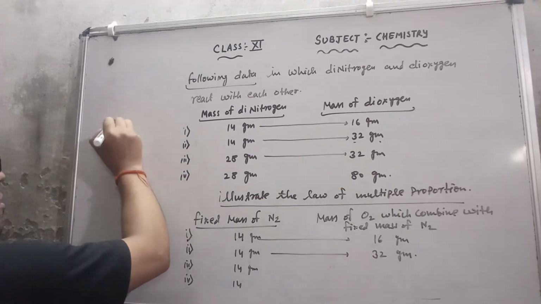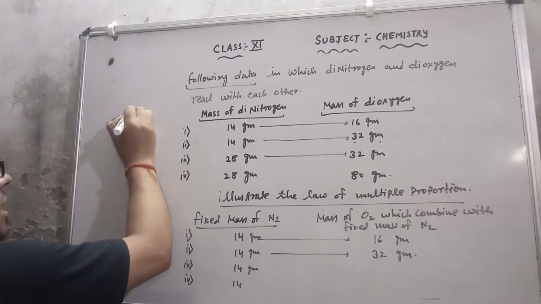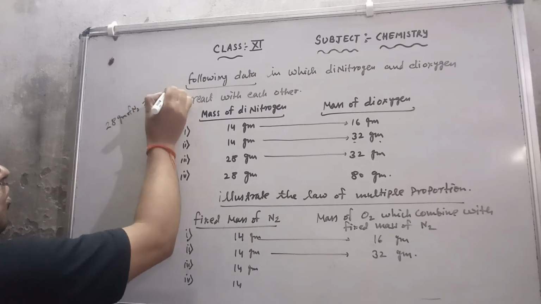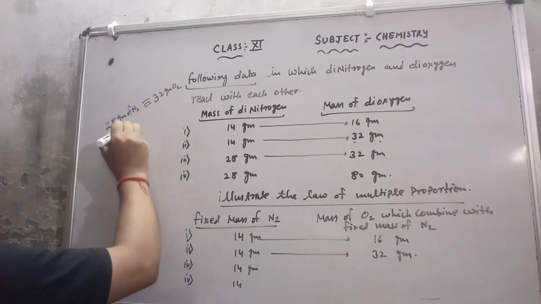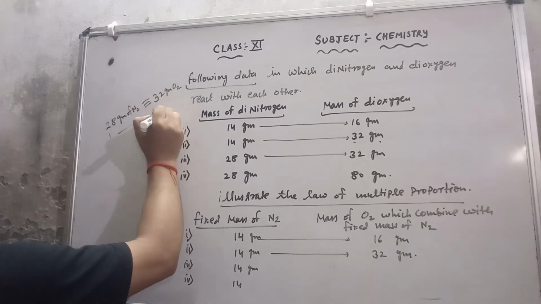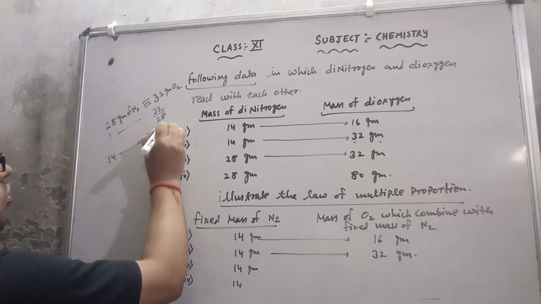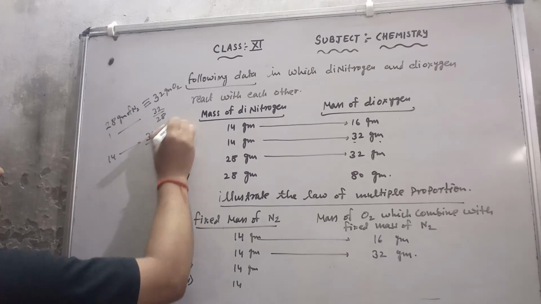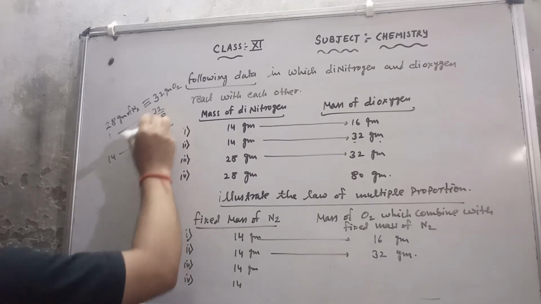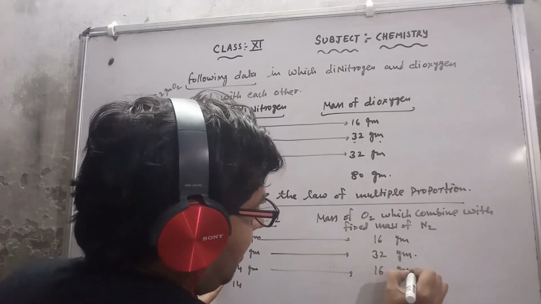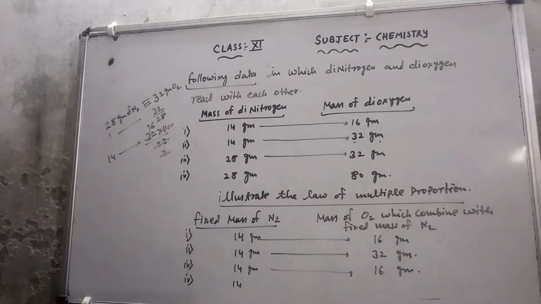Keep in your mind, 28 gram of N2 reacts with 32 gram of O2. So 1 gram of N2 will need 32 upon 28. So 14 gram will need 32 multiplied by 14 upon 28. 14 to the 28, this is coming 16. So that means this will give us 16 gram of oxygen.